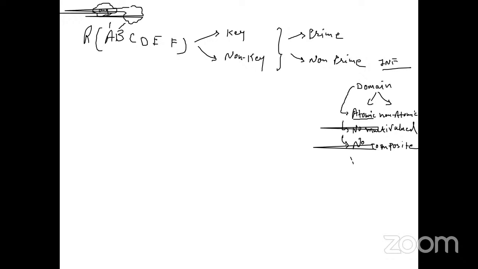Now, from second NF onwards, we will focus on functional dependencies which exist and key attributes, right? So I think you know how to find out the dependencies from a given set of attributes in the table, right? The values are given to us. We will look at every dependency.